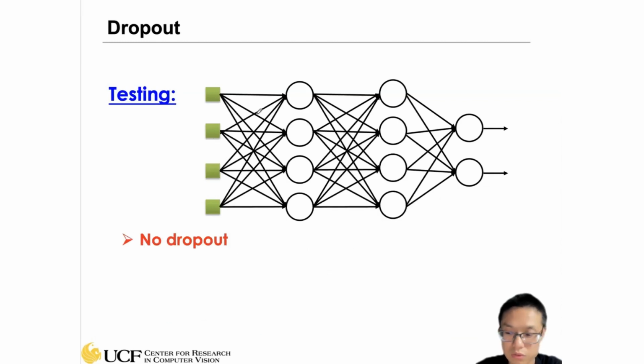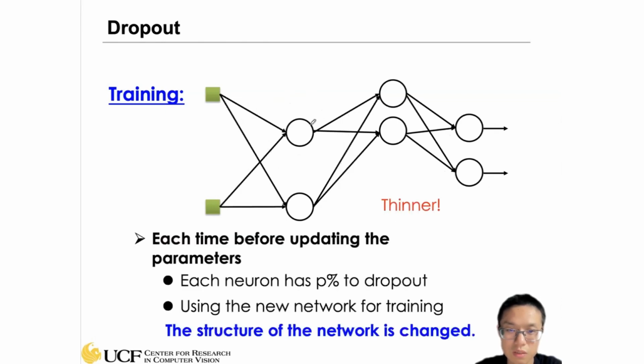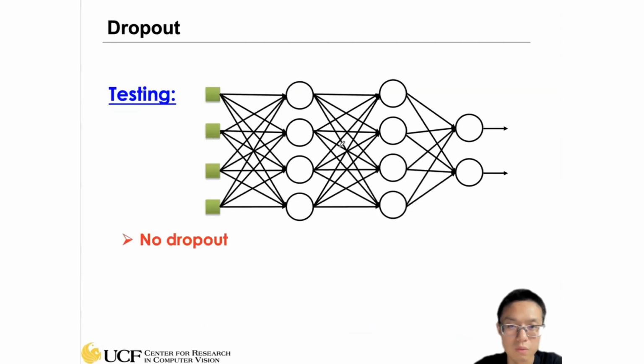So we can train this, and because we specify each neuron has a certain probability to be dropped out, at different training iterations you may have different network structures, right? In this iteration, these neurons have been dropped out, but in the next iteration, they may come back, but other neurons may be dropped out, right? So you end up with different structures every time.